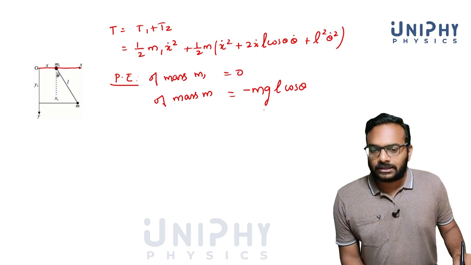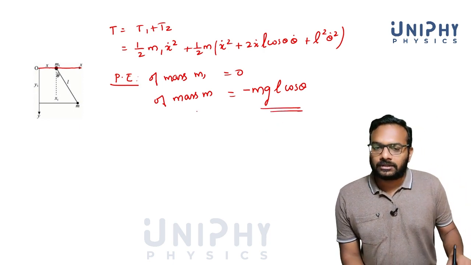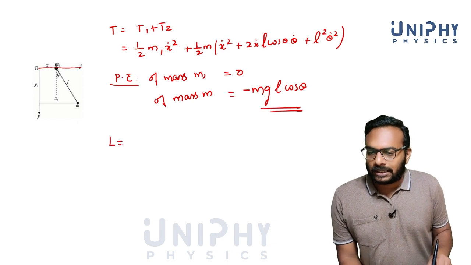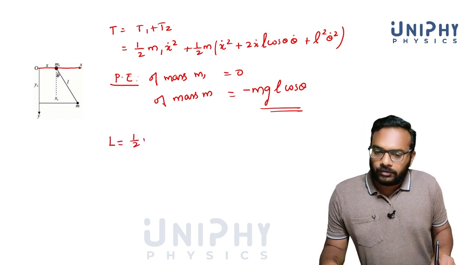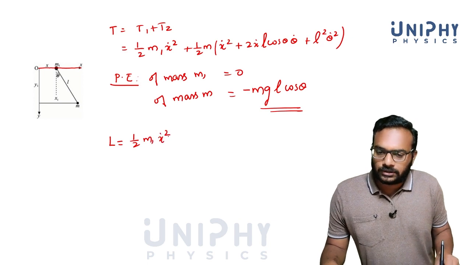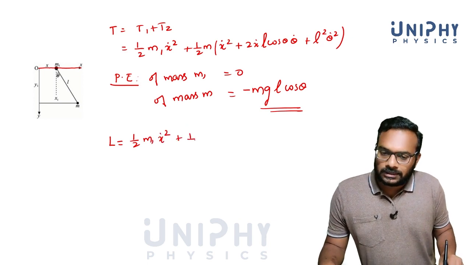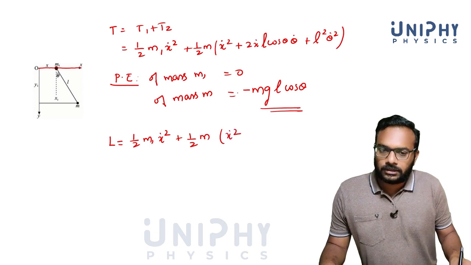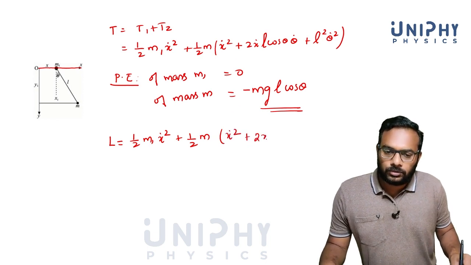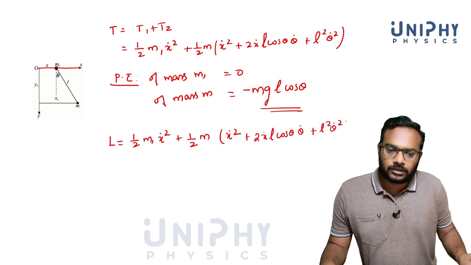All right. So that's the total potential energy also, because the first one is 0. Now we can write down the Lagrangian. The Lagrangian is equal to half m1 x dot square plus half m, x dot square plus 2 x dot L cos theta theta dot plus L square theta dot square.